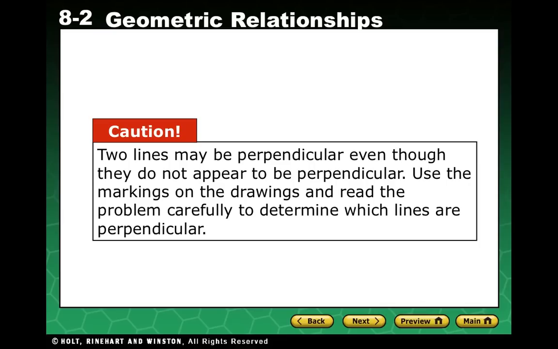So 2 lines may be perpendicular even though they don't appear to be perpendicular. The drawings aren't always perfect, so don't assume something is perpendicular if it looks that way. So you're always looking for those symbols. Always depend on the symbols. Even if it has the symbol and it still doesn't look 90 degrees to you, trust the symbol.